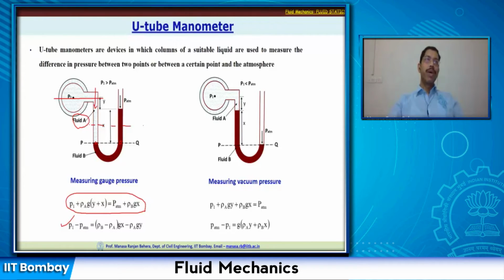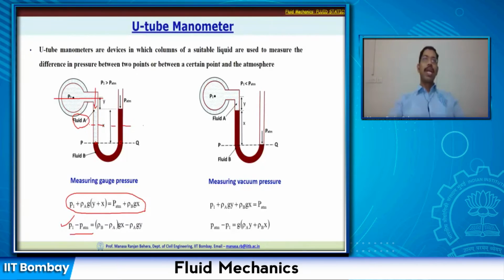Now because of this additional pressure, this is being pushed, and the liquid has risen on the right limb and been lowered on the left limb. So that's why you are getting this differential elevation, and if you take this and calculate, you can get the difference P1 minus P atmosphere, which is nothing but your gauge pressure at the location P1.